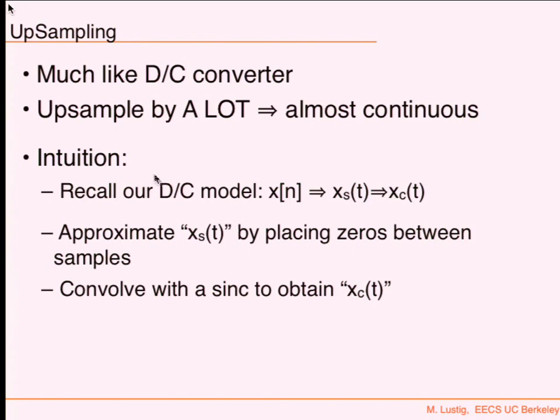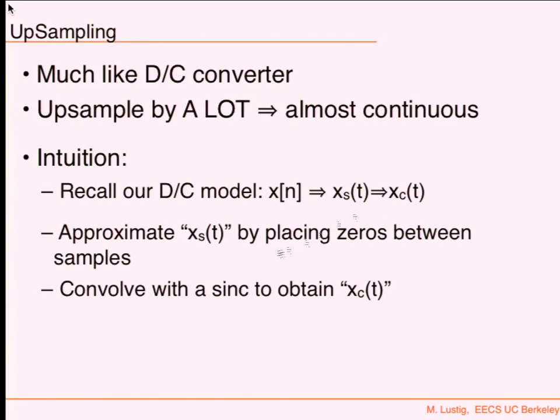So if you think about this, this is very, very similar. Now recall that our discrete to continuous time model was that you start with something that is sampled. Then we went to X sub S of t, which is the impulsive version of it. Then we filter that into a continuous time signal. What we're going to do now is something very similar.